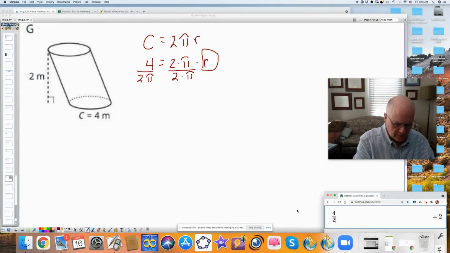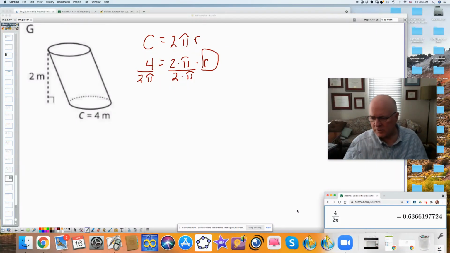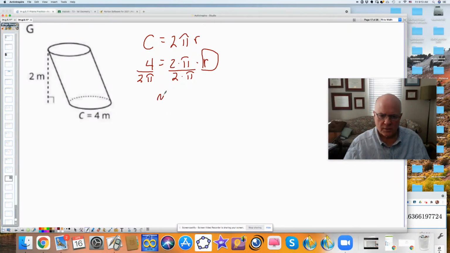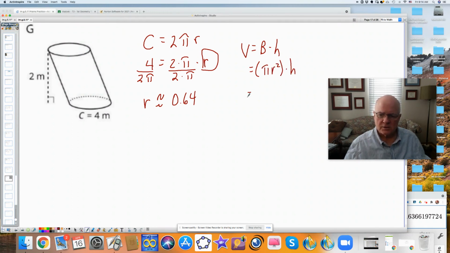4 divided by 2 pi is about 0.64. So this radius is about 0.64. Why is that important? Well, the volume is equal to the area of the base times the height, which is pi r squared here. It's a circle times the height. When I substitute the values, I have pi times 0.64 squared times 2.